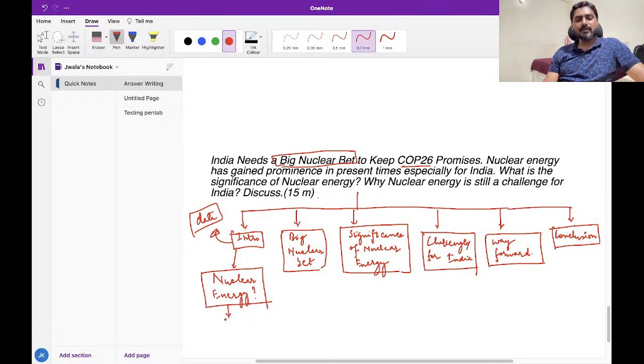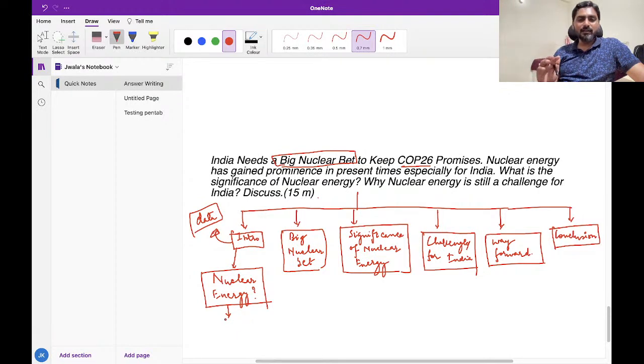So nuclear energy is when we are trying to harness energy from an atom, or from the nucleus of an atom. That is what is referred to as nuclear energy, and this could be harnessed by either fission or by fusion.